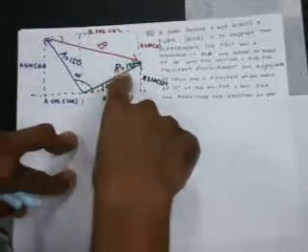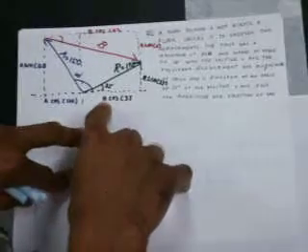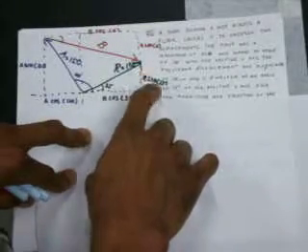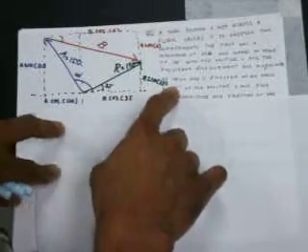So our resultant displacement has an R cosine of 35 and it also has R sine of 35. Our vector A has A cosine of 120 and A sine of 120.